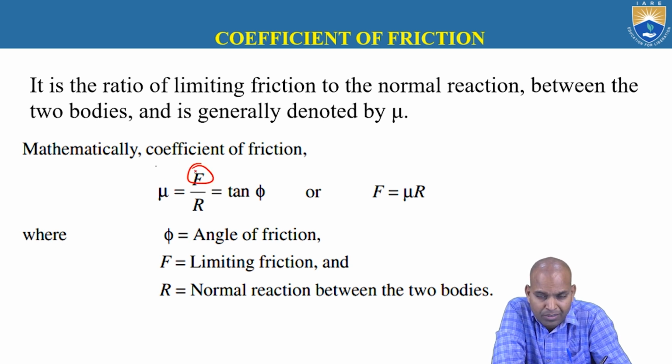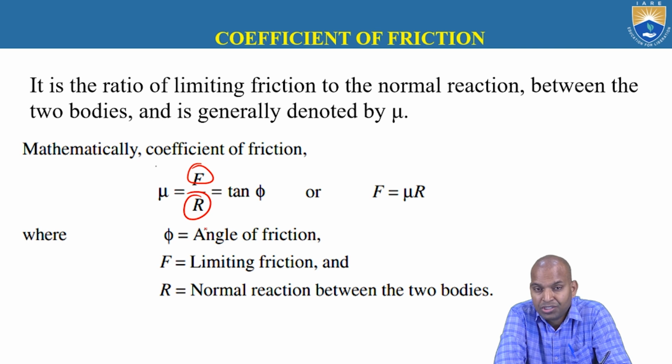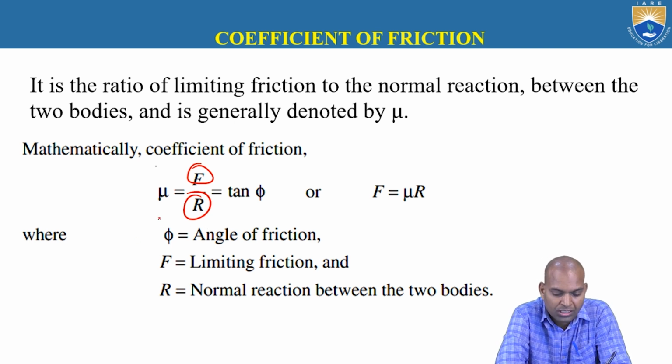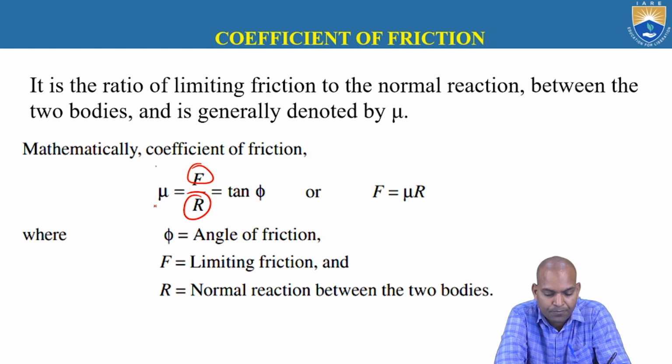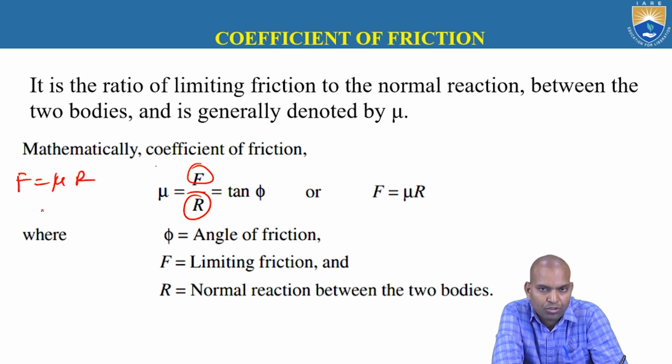Limiting friction is nothing but the maximum frictional force, and R is the normal reaction. Normal reaction depends on the contact surface and weight of the body. It is the normal reaction between the two bodies. F equals mu times R, where mu equals F by R.